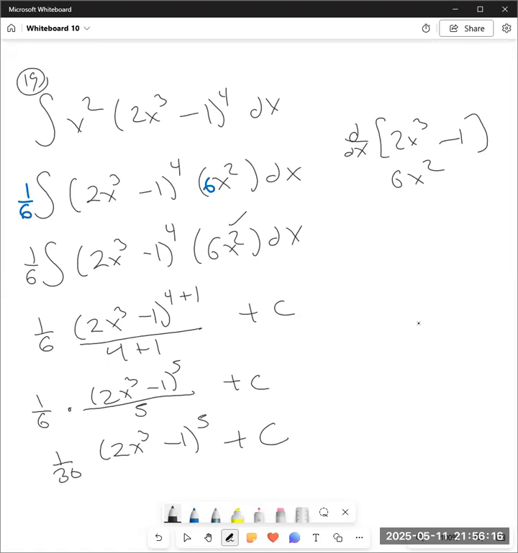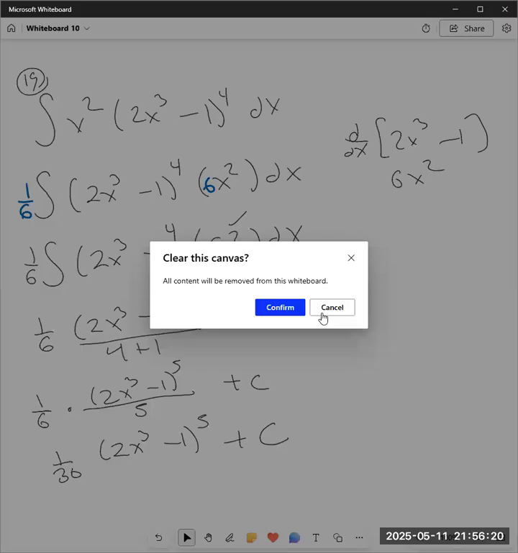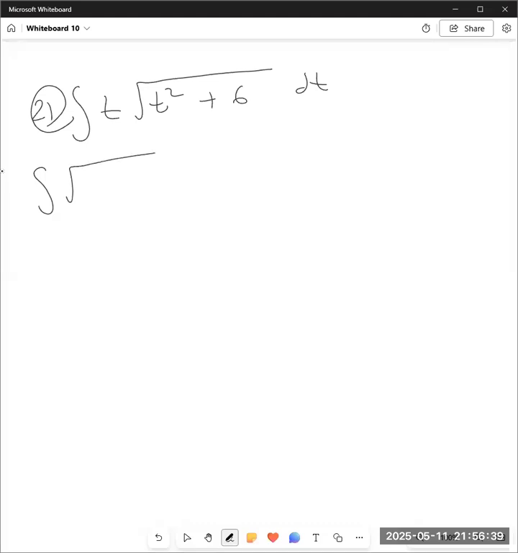Let's look now at number 21. Number 21 says the integral of t times the square root of t squared plus 6 dt. So I already see my composition of functions is going to be t squared plus 6 raised to the 1/2.